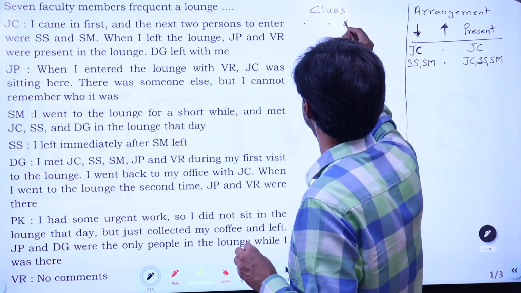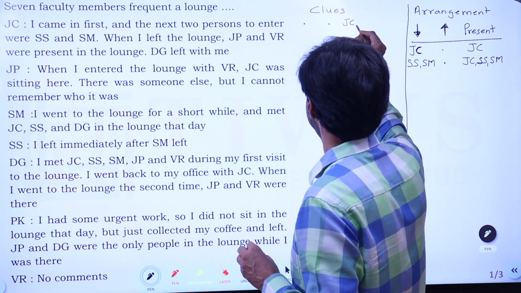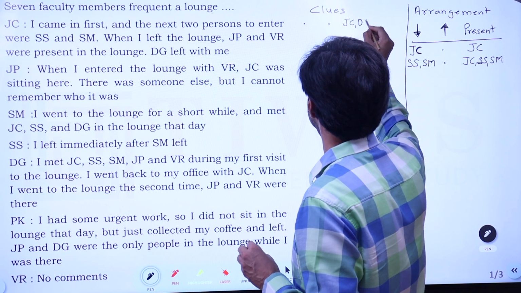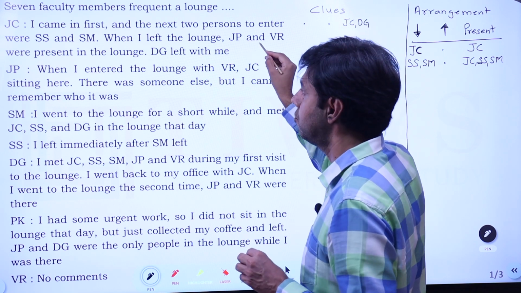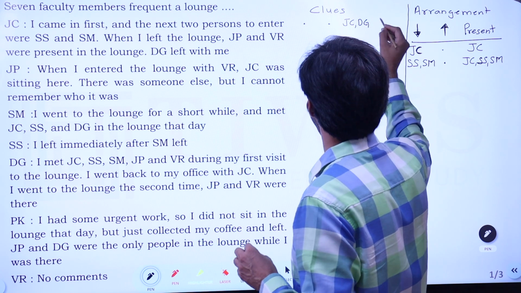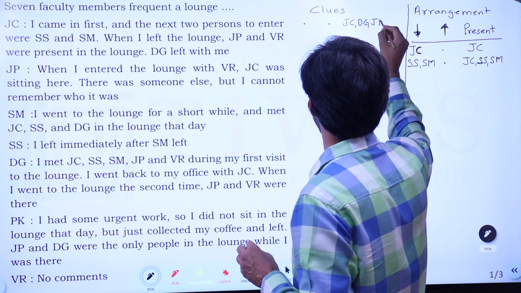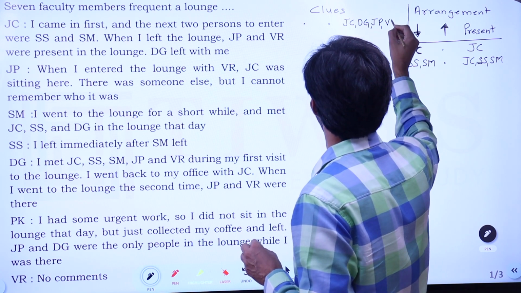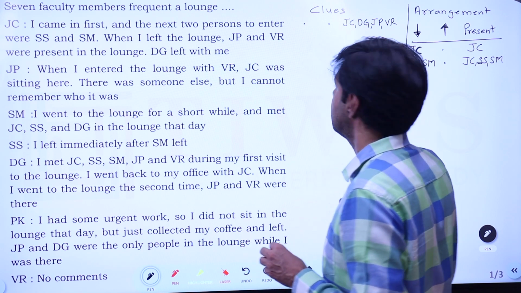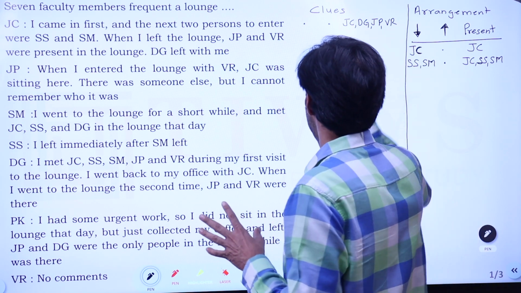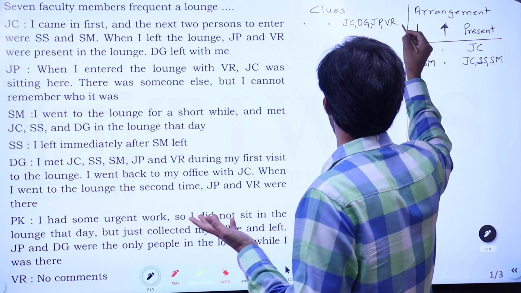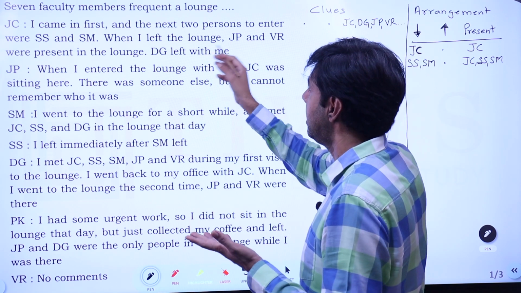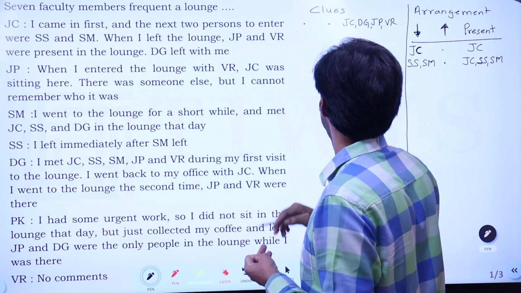JC is going to leave with DG, so both of them have to be there, and the clue says that JP and VR were also present. So these are the 4 people who are present. There may be more, I do not know, but there's no 'only' or anything written.